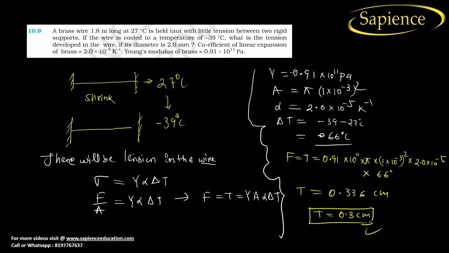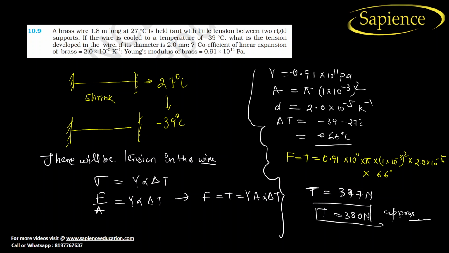One thing I have missed earlier: that first answer is not in centimeter, sorry for that. It is tension. Let us correct it. So the tension will be approximately 377 Newton, or we can take it as 380 Newton approximately if we round up.